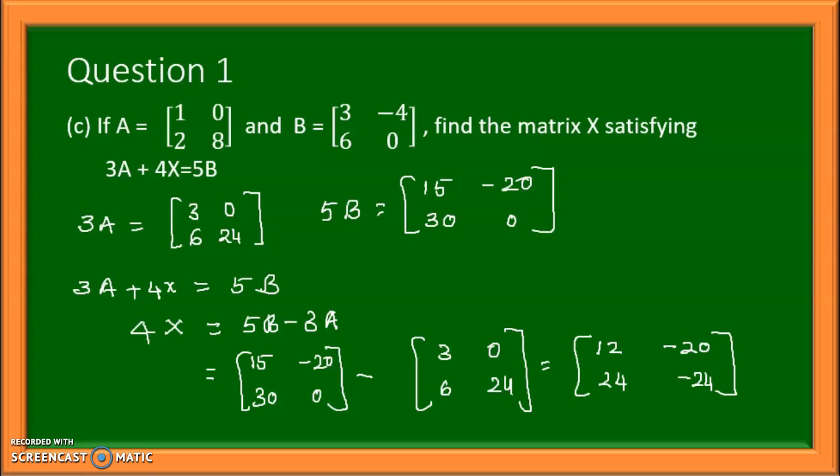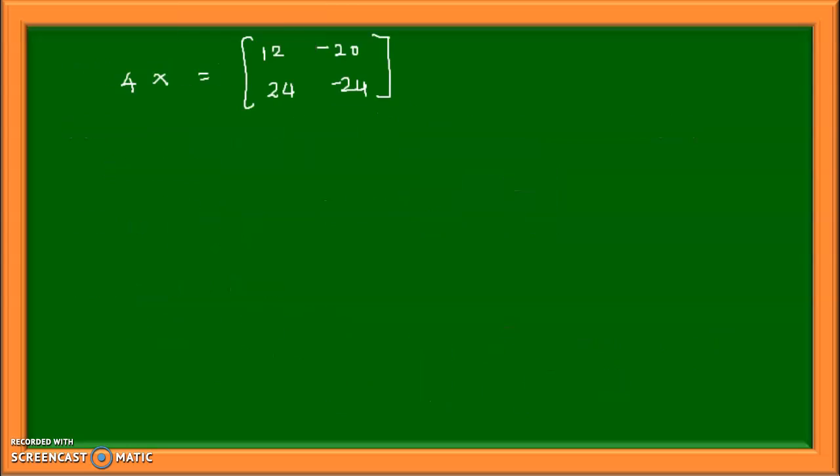Divide each term by 4 to get X. 12 divided by 4 is 3. Minus 20 divided by 4 is minus 5. Here 24 divided by 4 is 6. Minus 24 divided by 4 is minus 6. This is the required answer.